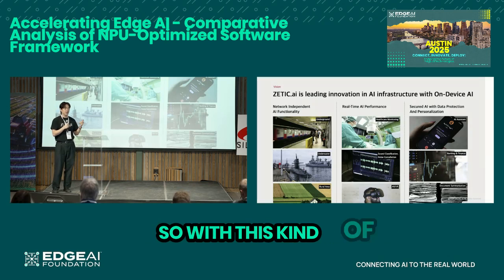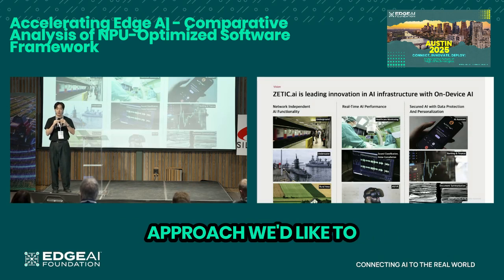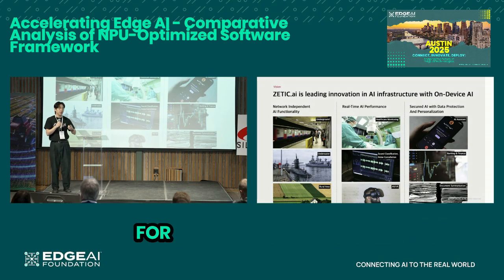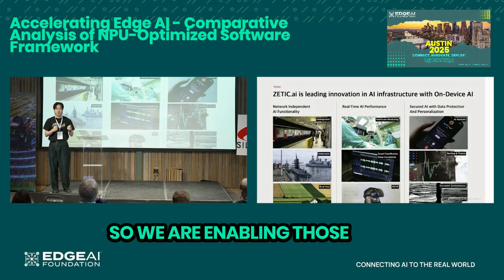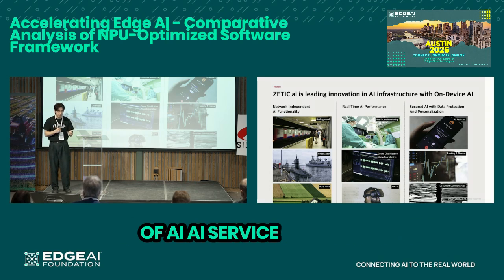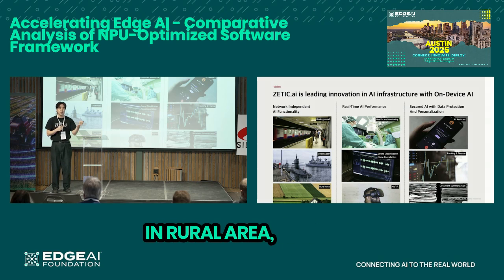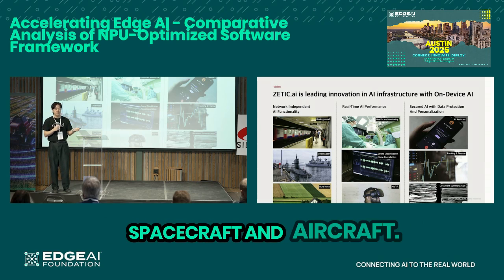With this approach, we'd like to build an ecosystem for AI engineers to build on-device AI easily. As you might know, on-device AI brings network-independent functionality. We are enabling AI services without network infrastructure, underground or in rural areas, even on spacecraft and aircraft.